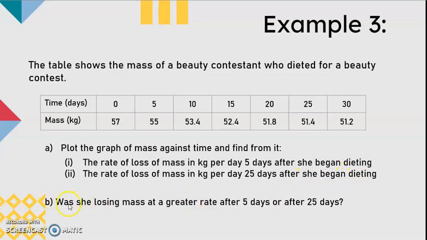And lastly, was she losing mass at a greater rate after 5 days or after 25 days? For this last question, it depends on your graph itself and your results here. Okay? I want you to do this question, example 3, on a graph paper. Alright?